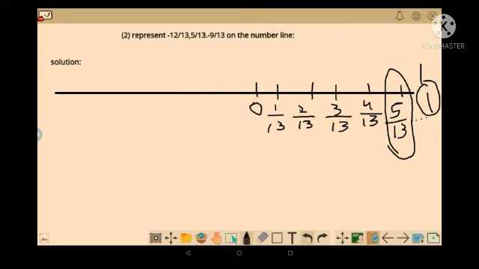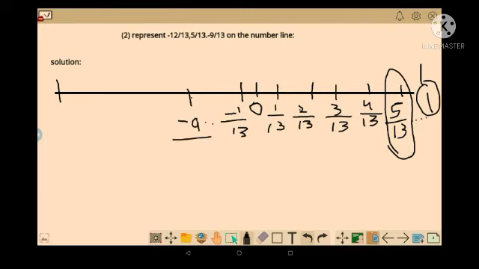Now the fractions on the negative side. First is 9 by 13, so minus 9 by 13. So here at last we will write the negative numbers. Here we will write minus 1 by 13, and so on till minus 9 by 13.